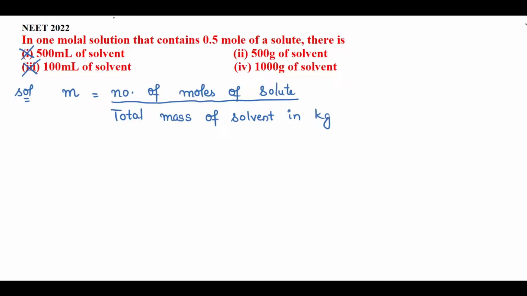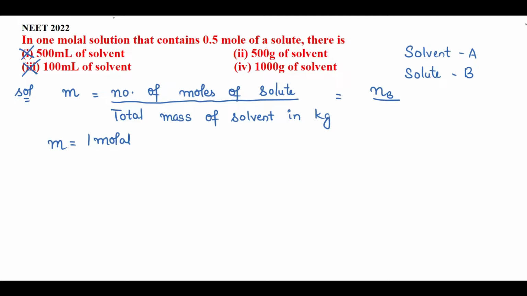So now let's see the given values. Here I am having molality, that is 1 molar, and number of moles of solute. So if I consider solvent as component A and solute as component B, number of moles is denoted by small n, and here I'm talking about number of moles of solute, so I'll put B in the subscript, right?